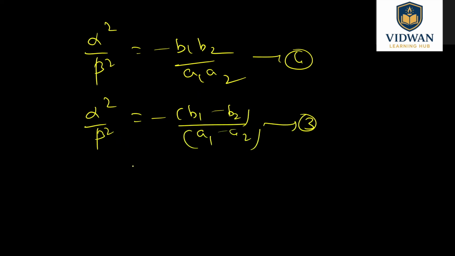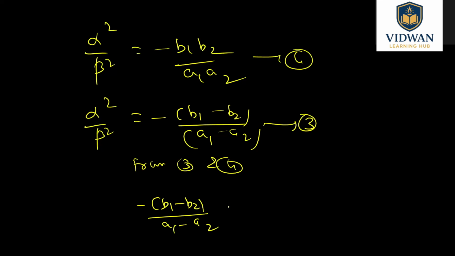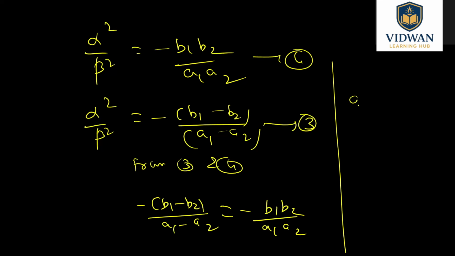So alpha beta was not given, so we'll eliminate that. From 3 and 4, you can straight away equate the value of alpha square by beta square. So you can get minus of (b1 minus b2) by (a1 minus a2) is equal to minus b1 b2 by a1 a2. So minus sign you can cancel on both sides. Interchanging the terms, bring a1 minus a2 to that side and b1 b2 to this side.